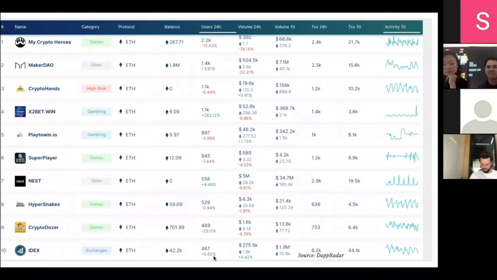You can be in the top 10 on Ethereum with 500 users in 24 hours. That's crazy. There's not a lot that's happening here relative to traditional applications.